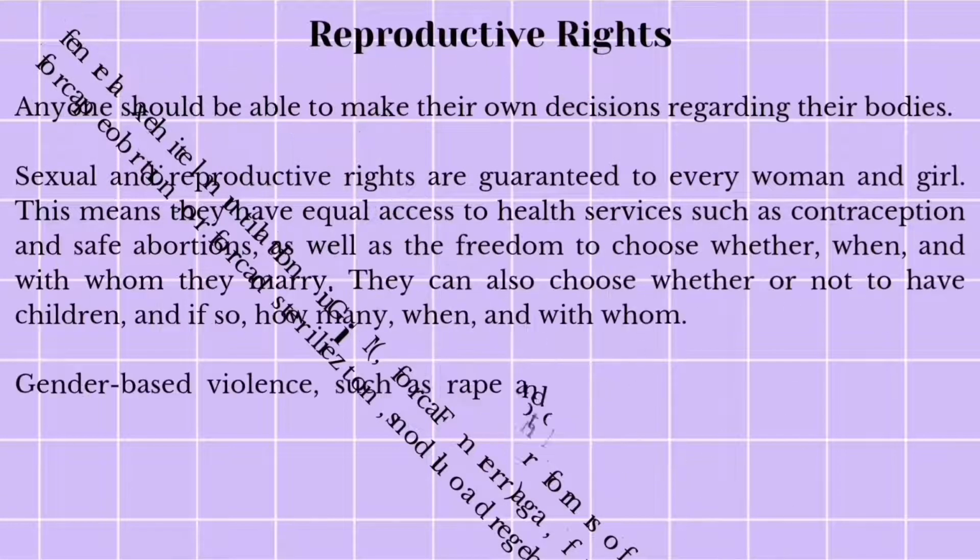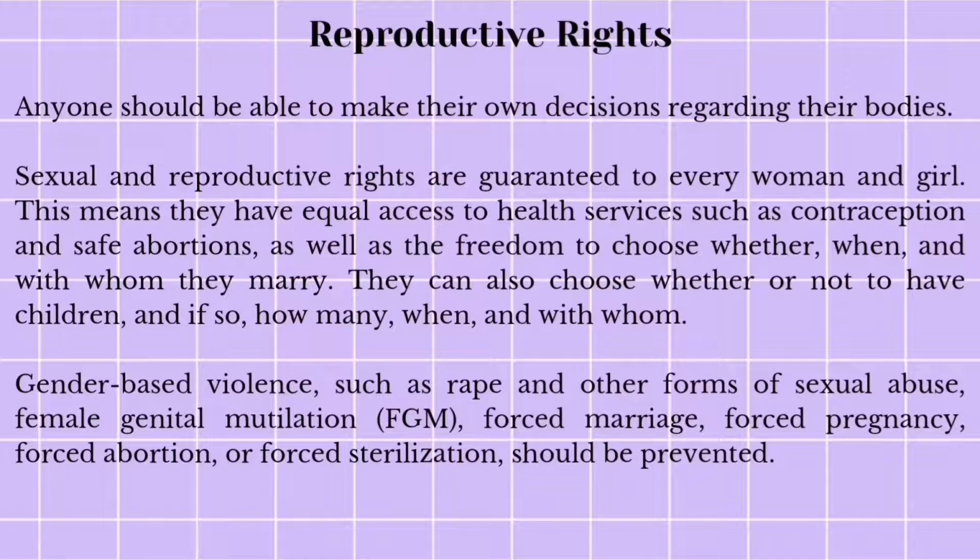Reproductive rights. Anyone should be able to make their own decisions regarding their bodies. Sexual and reproductive rights are guaranteed to every woman and girl. This means they have equal access to health services such as contraceptives and safe abortions, as well as the freedom to choose whether, when, and with whom they marry.